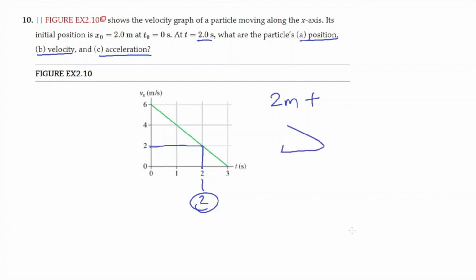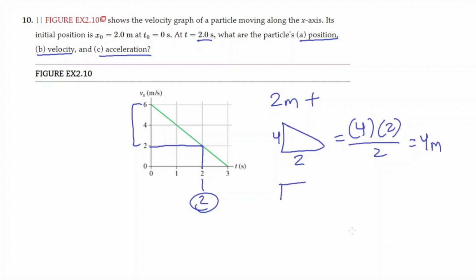So let's take a look at the rectangle. So, the triangle, that's a very odd triangle. But for the triangle, we have a base of 2, and then we have a height of 4. And now we find the area of the triangle, which is 4 times 2 over 2, which is equal to 4 meters.